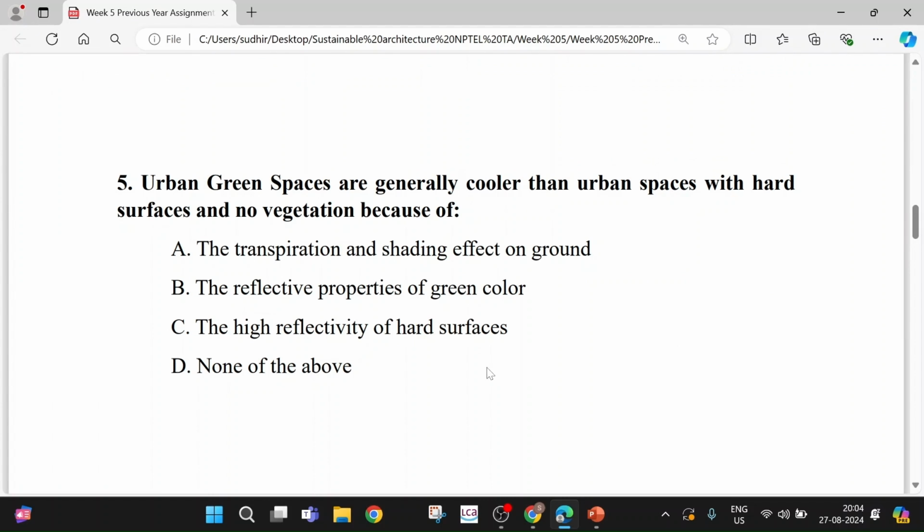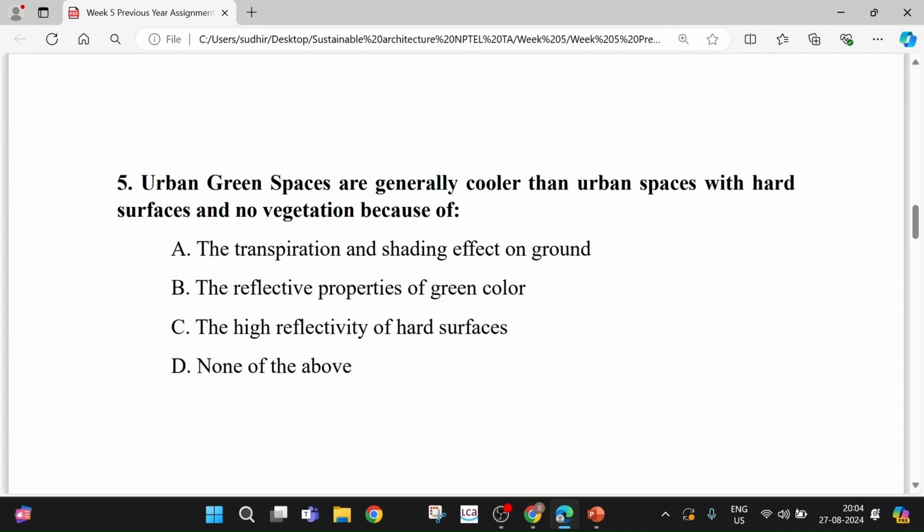It is clear that whenever there is vegetation, it helps in cooling urban green spaces through transpiration, which is also called water release, and by providing shade or reducing the amount of heat absorbed by the ground. So this cooling effect makes green spaces cooler than areas with hard or non-vegetated surfaces. All of you have chosen the correct answer for that one.